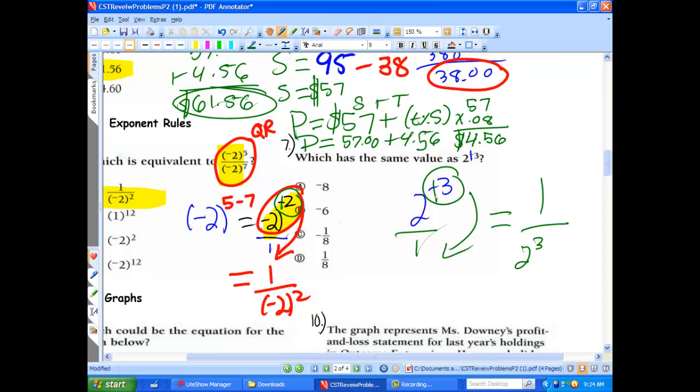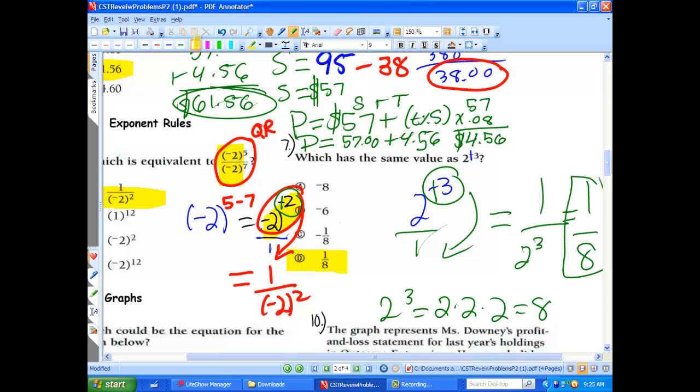Now we don't quite have our answer choices in powers, so we need to evaluate that. 2 to the third is the same as 2 times 2 times 2, which equals 8. So our final answer equals 1/8. And that gives us our answer choice of D.